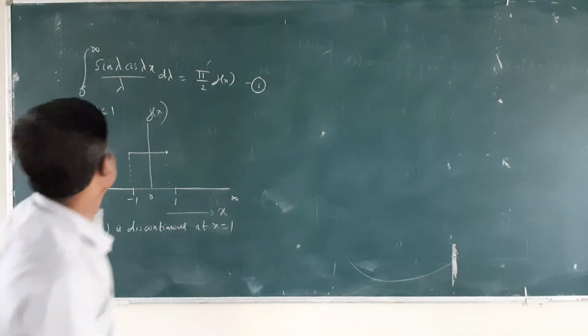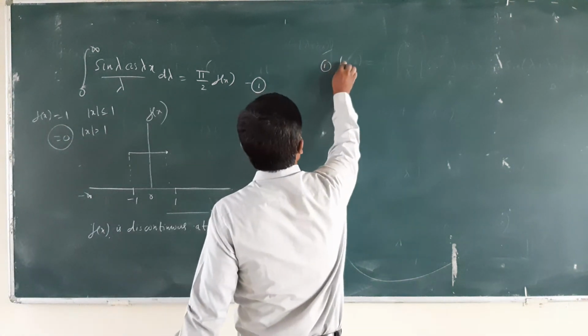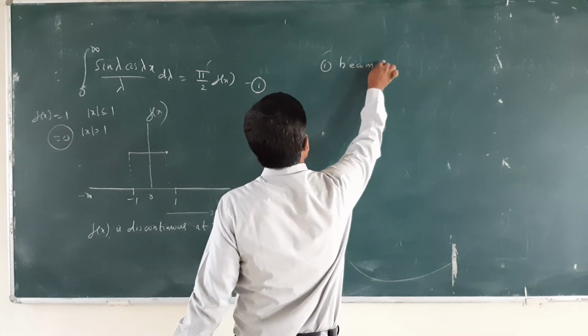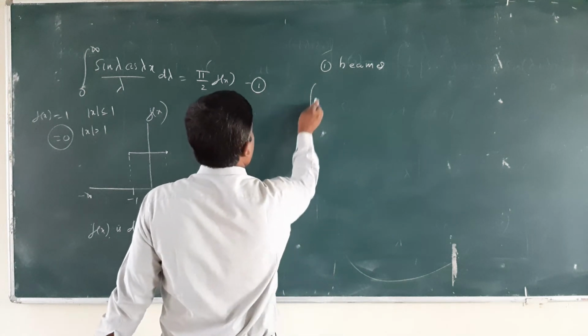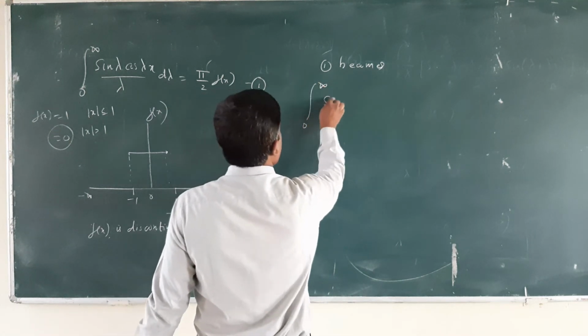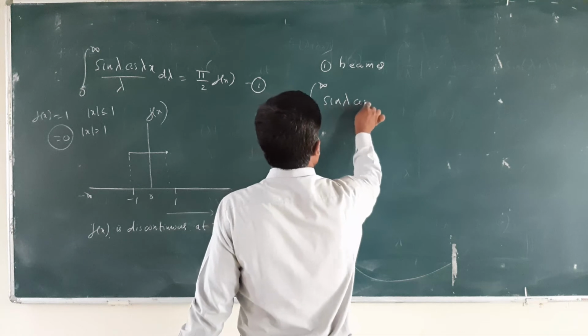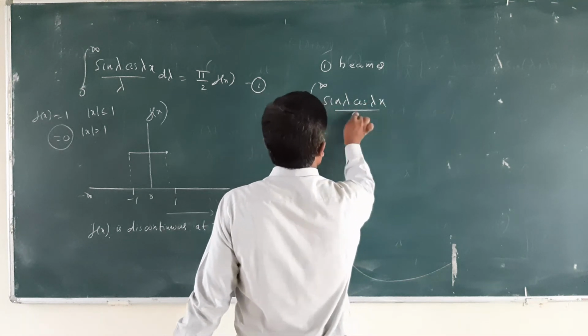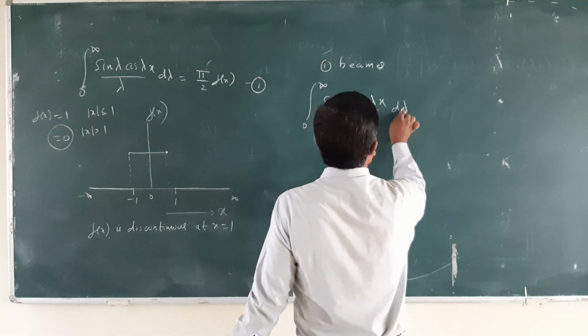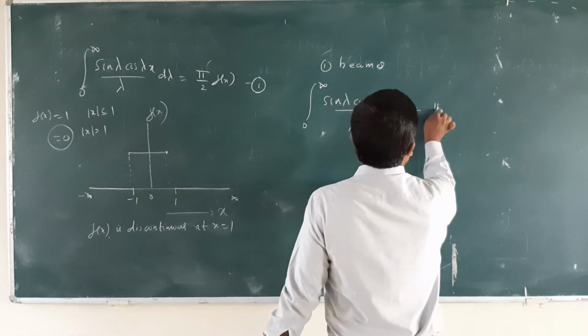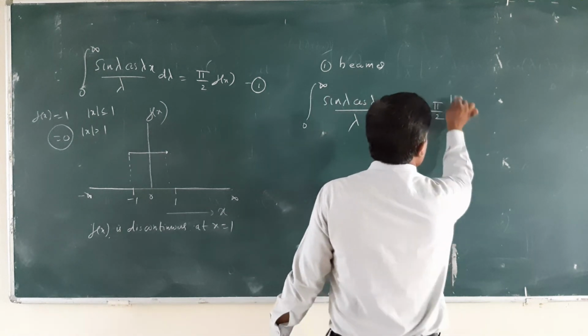Therefore equation number 1 becomes integration 0 to infinity sin lambda cos lambda x upon lambda into d lambda is equal to pi by 2.